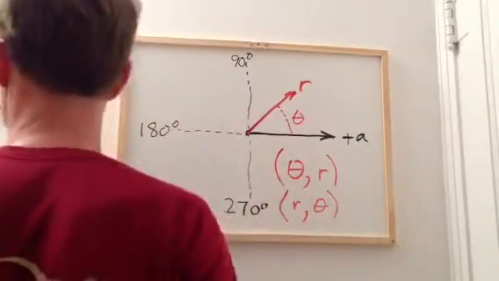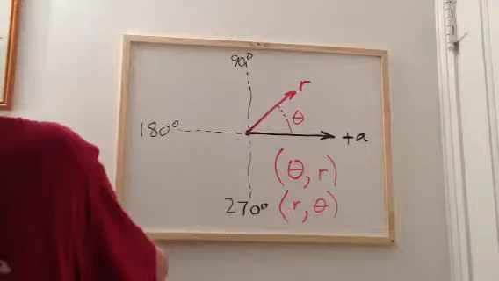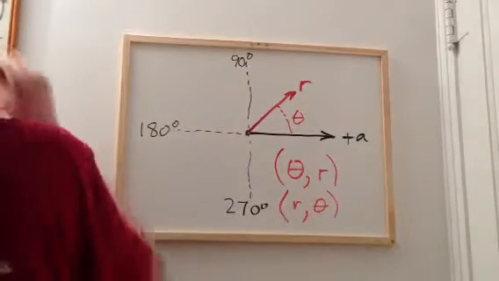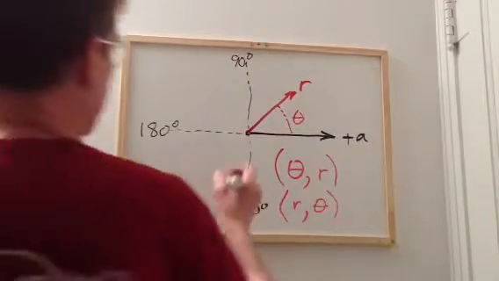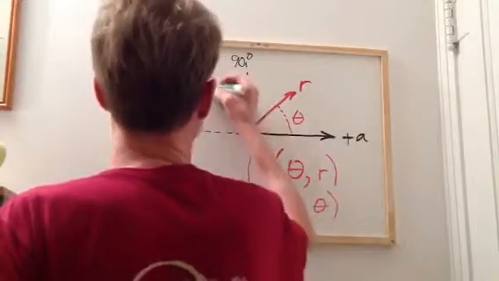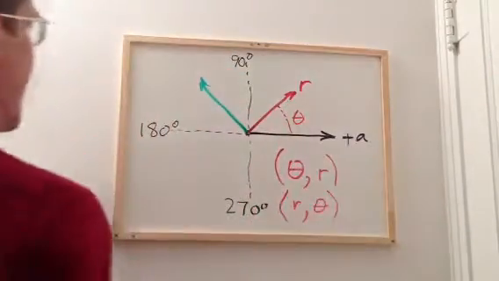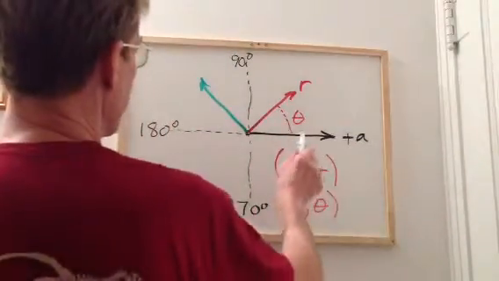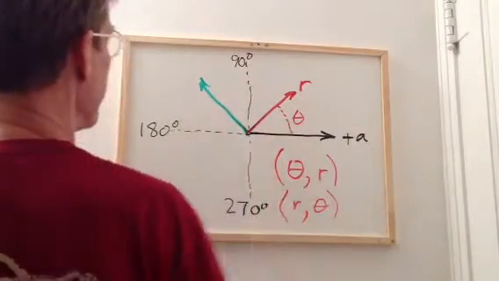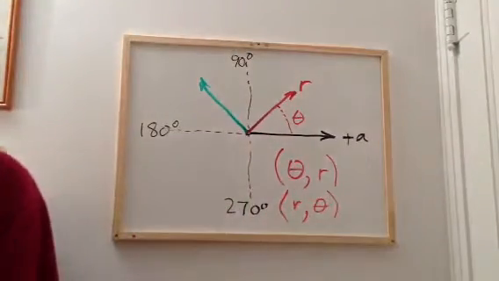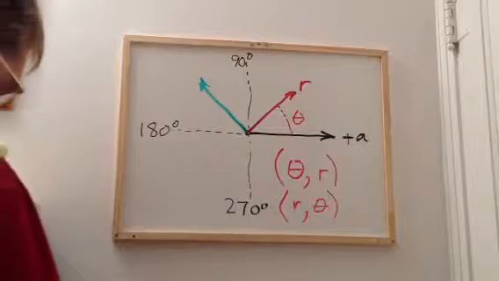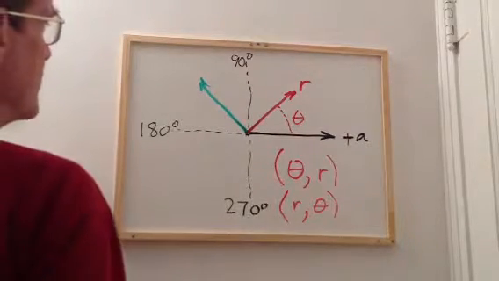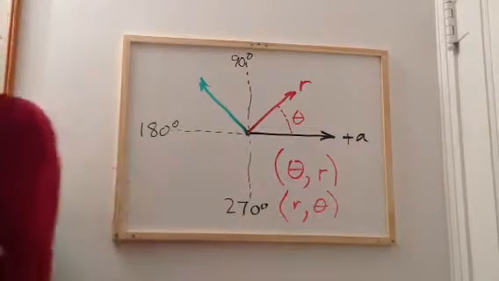If you want to try and add two vectors in the polar system directly, you can't do it that way. You cannot add the angles and add the radii and expect to get a valid result. It doesn't work that way.